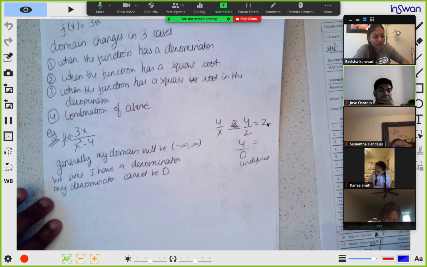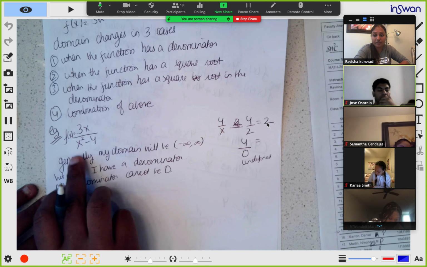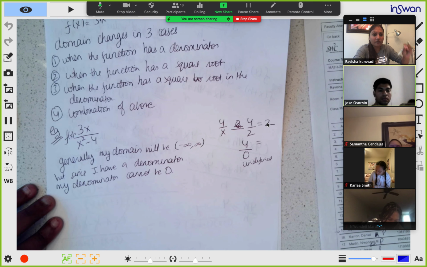What will be the value of x which will make my denominator 0? Which value of x will make my denominator 0? 2. Yes. But how do you calculate it?